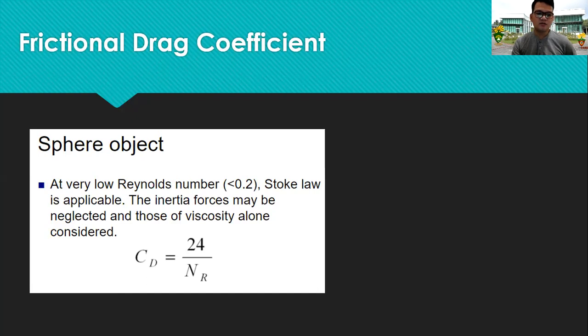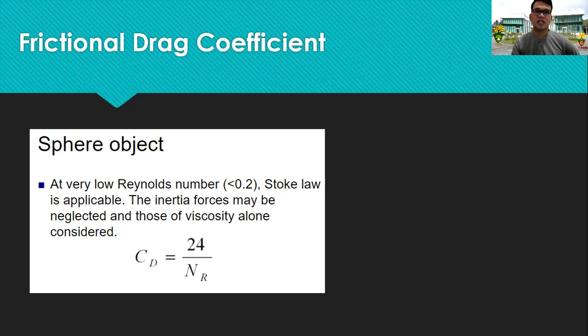So this law simplifies or denotes that the inertia forces may be neglected and those of viscosity alone considered. So this is simple when you get the CD value of the particular flow. Okay, so the CD value is just given as 24 divided by the Reynolds number.